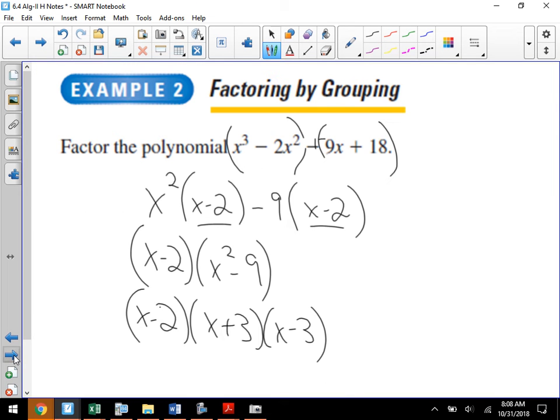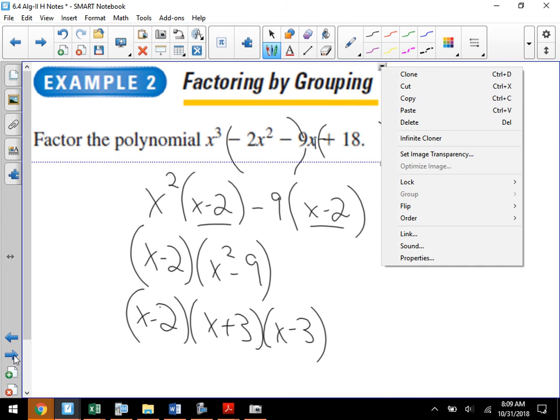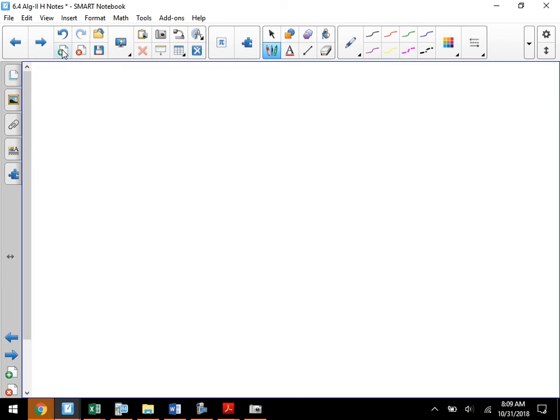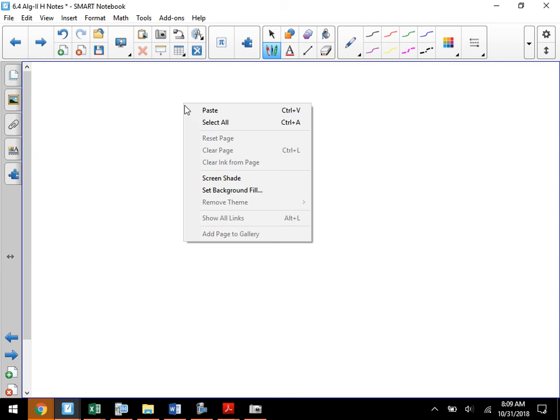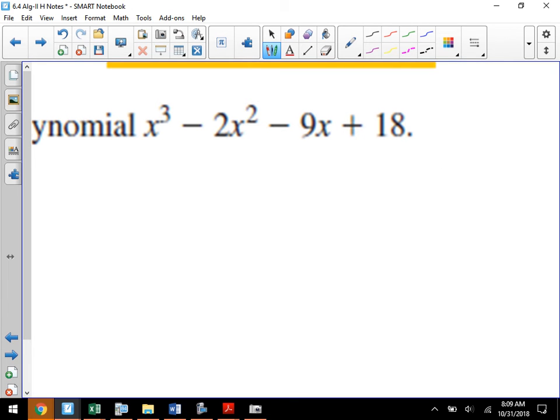But then, remember yesterday we talked briefly about this. Let me just redo this one. Yesterday we talked briefly about what you do to factor that.